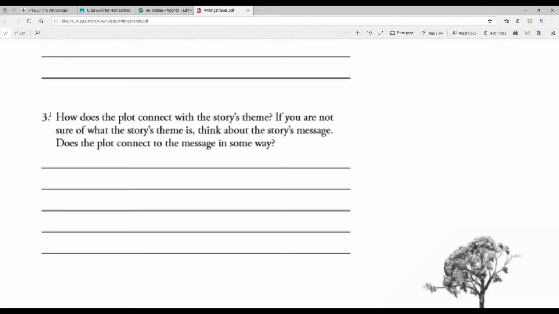If you're not sure what the story's theme is, think about the story's message. Well, we've already talked about that. Does the plot connect to the message in some way? Well, of course, the plot tells how sin, the fall of man and sin, came to man, or came to be, I guess would be.